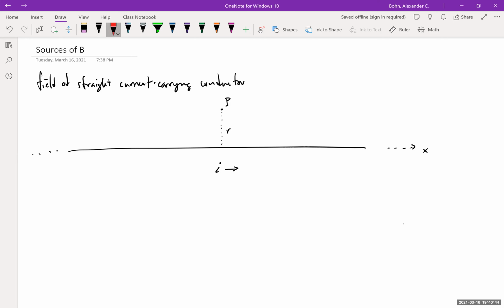I'll show you what I mean. Suppose that we consider this bit of the current that is moving to the right. How much current are we talking about?